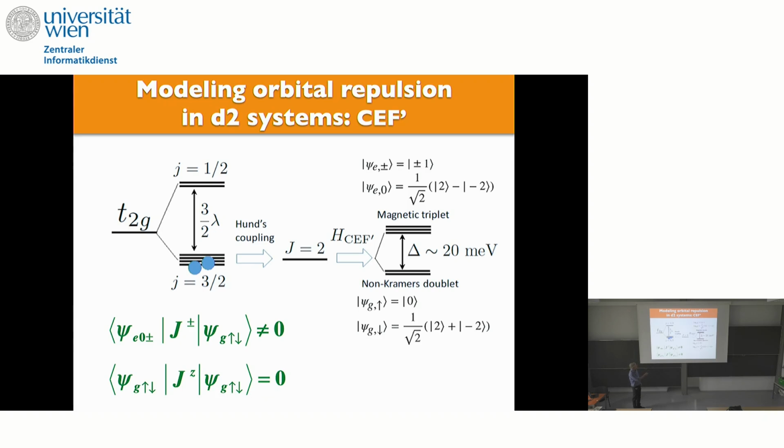And given that you know the wave functions now, at least within this model, you could then calculate that there is no expectation value for the JZ operator, so no magnetic elastic scattering is expected within the ground state. Okay? But there are dipole allowed transitions from the non-Kramers doublet to the magnetic triplet. Okay, so this is exactly consistent with what we see. No elastic magnetic Bragg scattering, but there is inelastic magnetic scattering, which is easily observed.